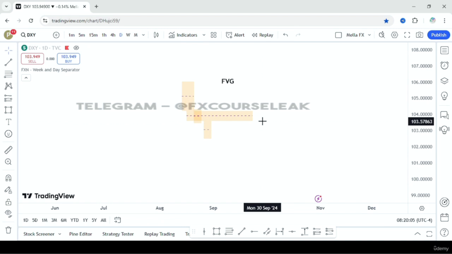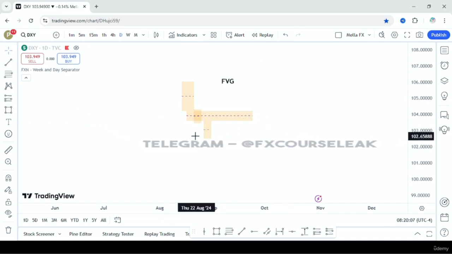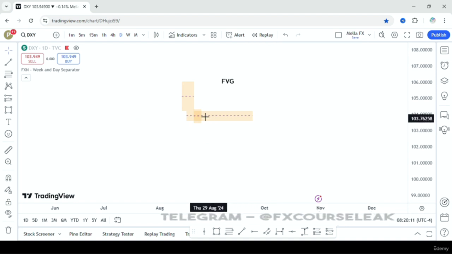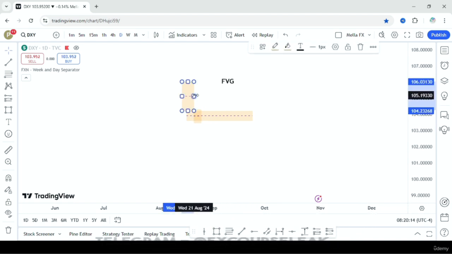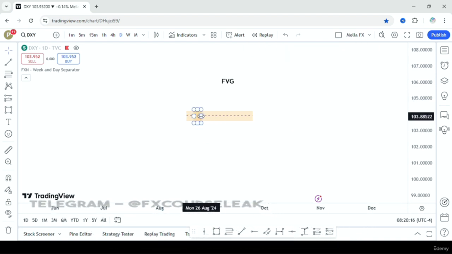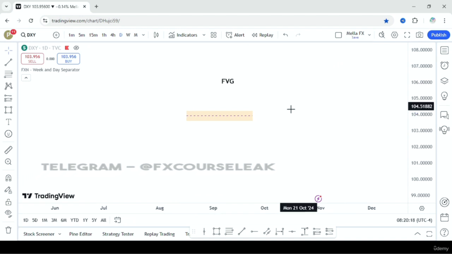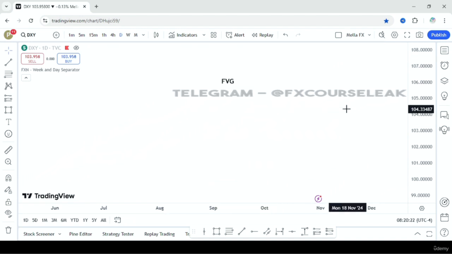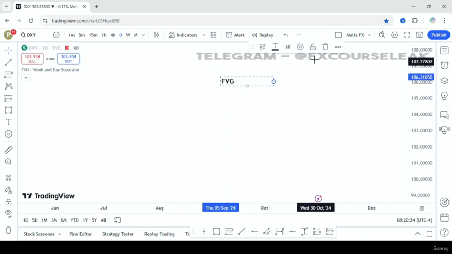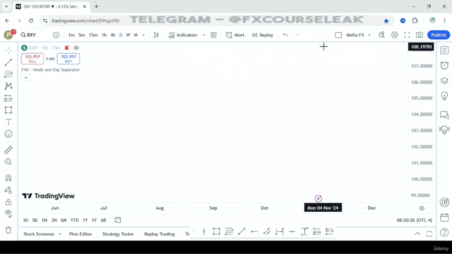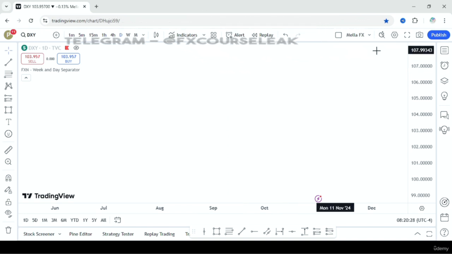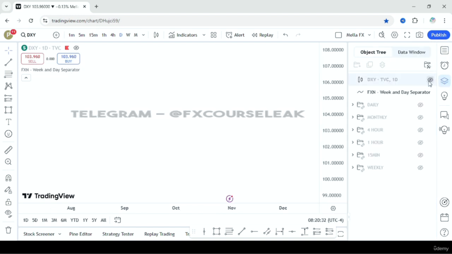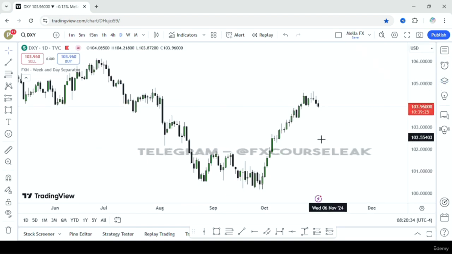So for you as a trader, this is an exercise: go back into your charts and identify fair value gaps and look at the time when these fair value gaps are rebalanced. So let's look at an example, but also you look at your own examples later on.